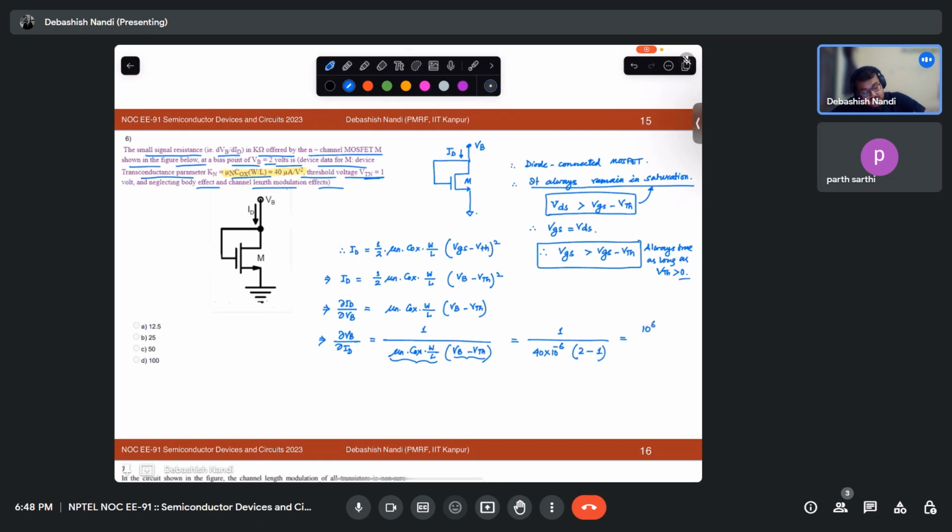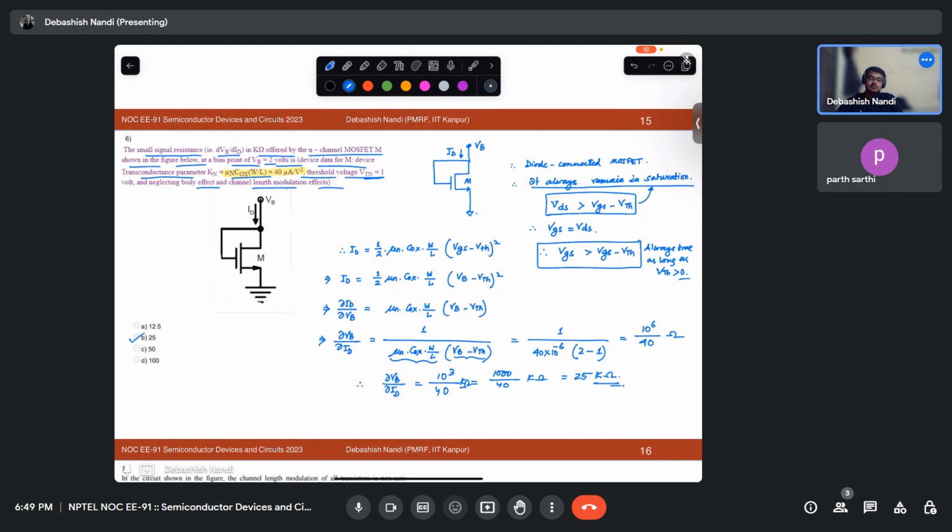So 10 raised to 6 over 40 ohms. So dVB over dID is 10 cube over 40, with 2 minus 1. This is in kilo ohm, so this is 1000 over 40 kilo ohm. That will be 25 kilo ohm.